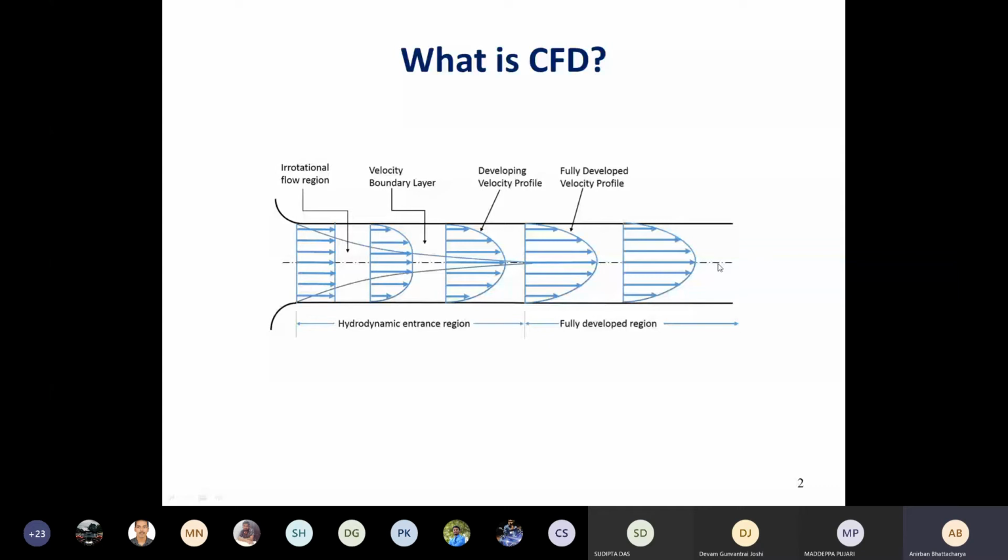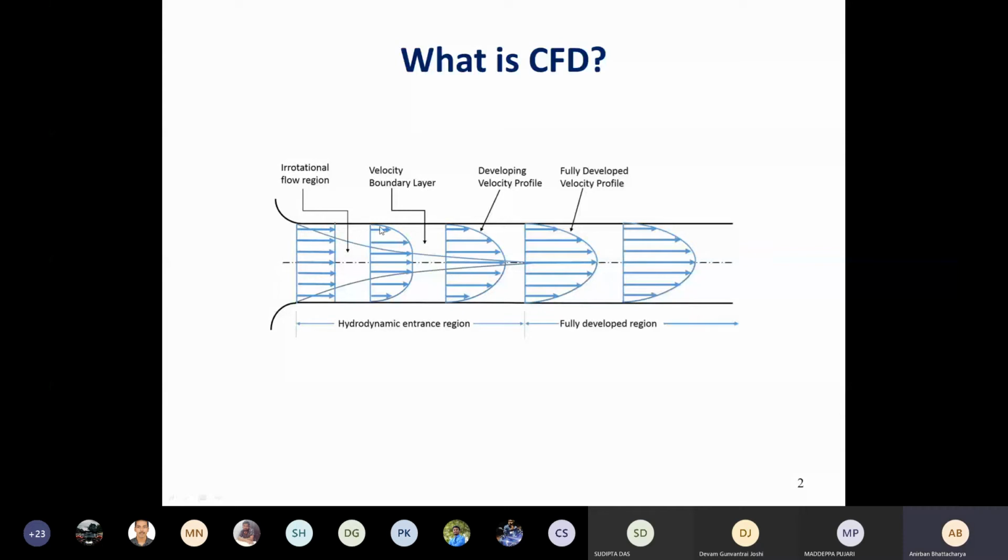All of you who have done the fluid mechanics course know that initially, up to a certain length, the flow profile keeps on evolving, because initially we have given a constant velocity at the inlet, but at the cylinder walls the velocity has to be 0 because of the no slip condition.